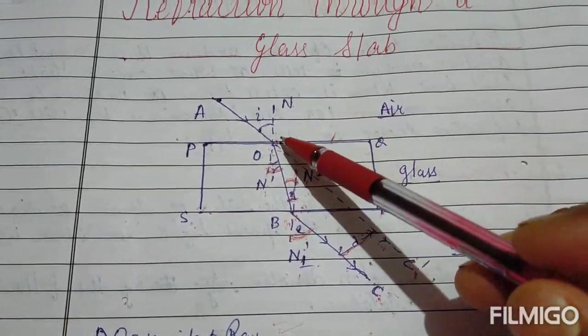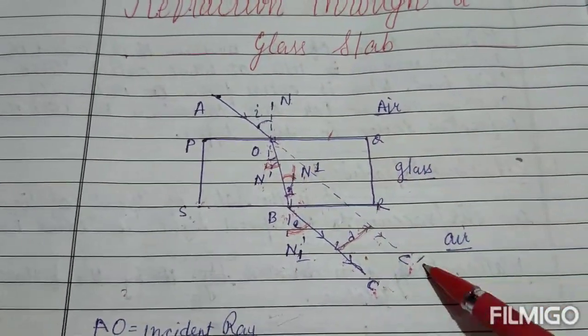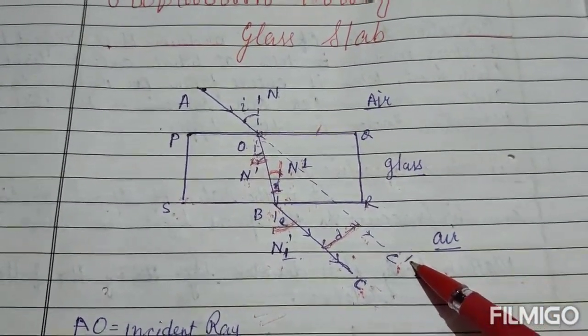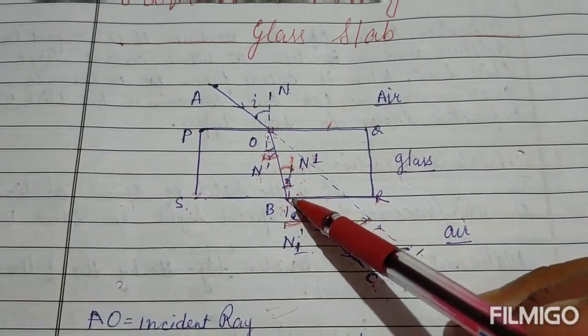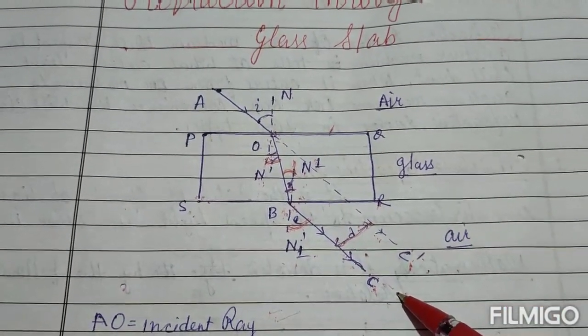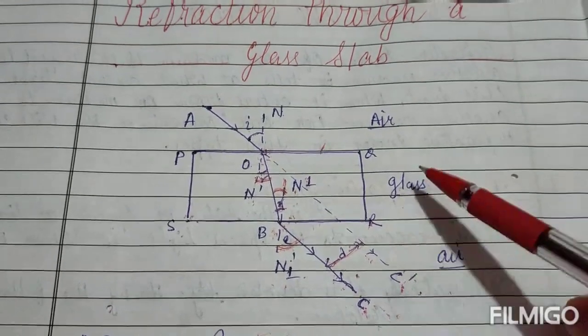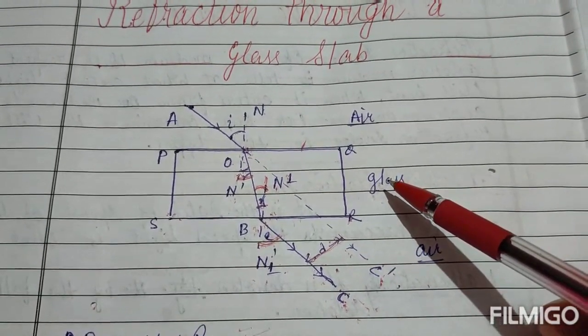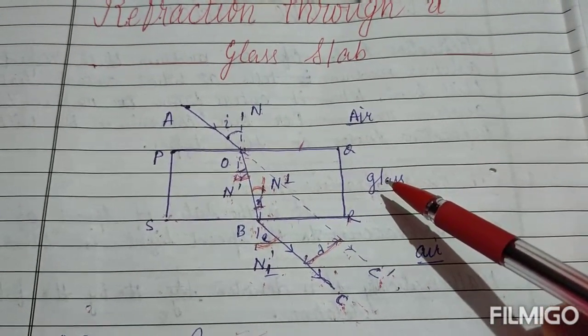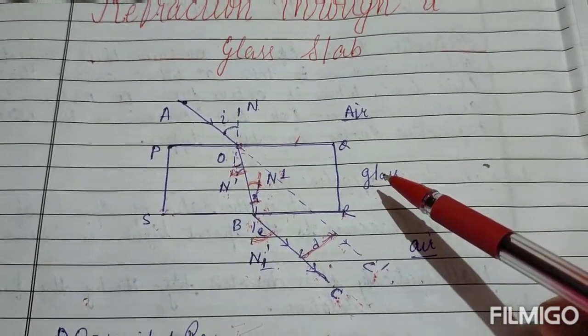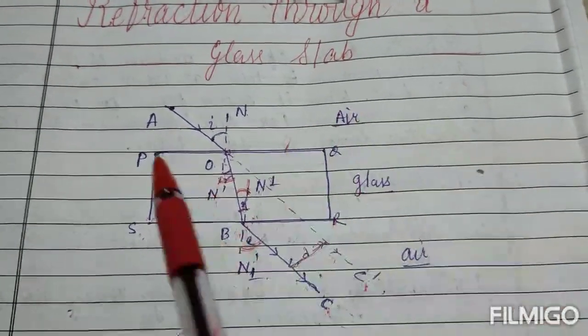Here AOC dash is the actual path of light, and BC is the emergent light. Now we'll see some points regarding the path of light rays when it is refracted through the glass slab.